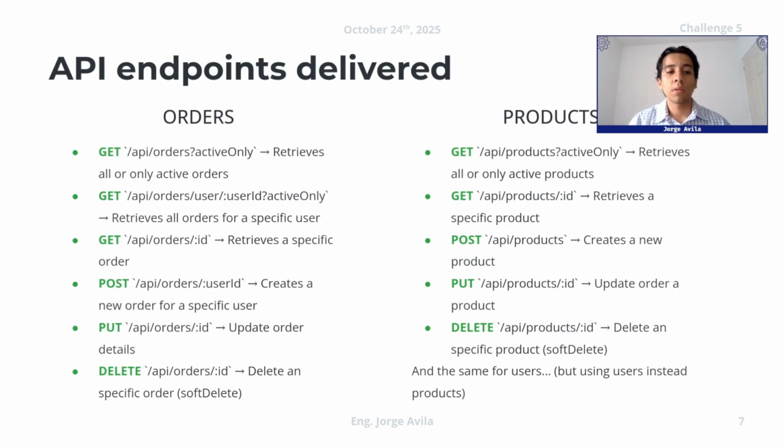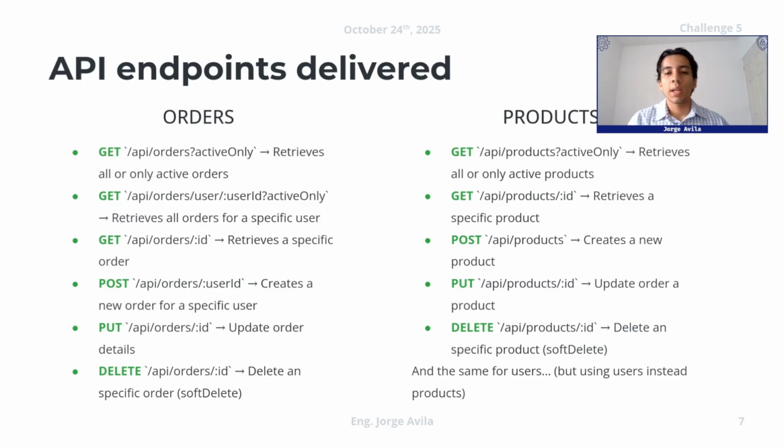Then a GET to retrieve all orders for a specific user. A GET to retrieve a specific order. A POST to create a new order for a specific user. A PUT to update order details, and a DELETE to delete a specific order using soft delete.